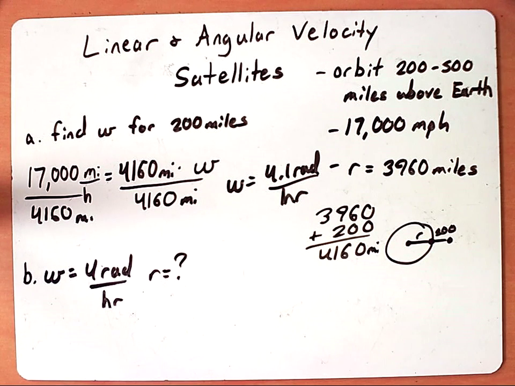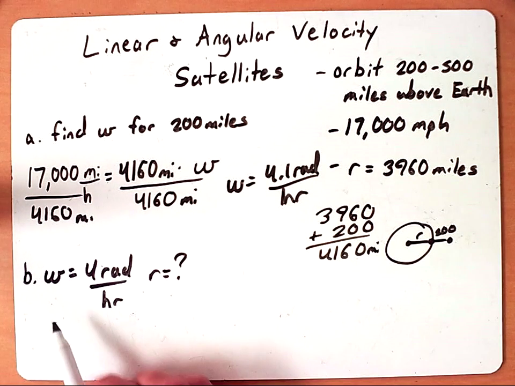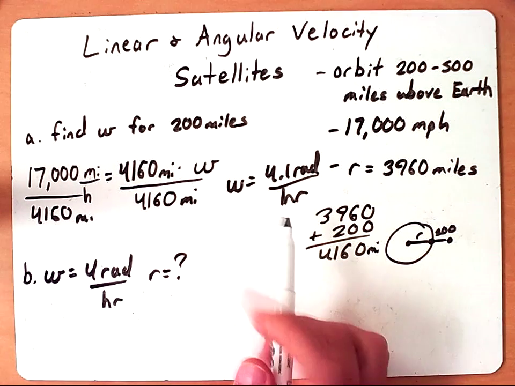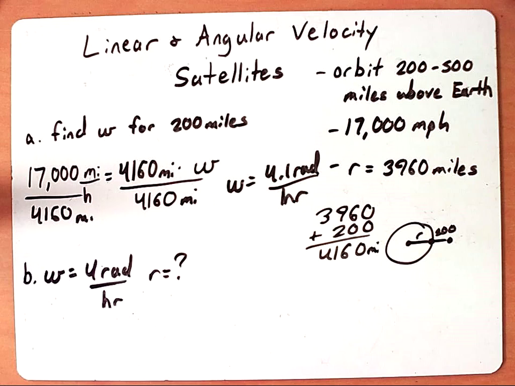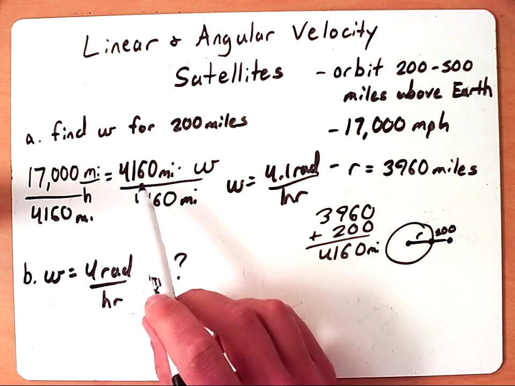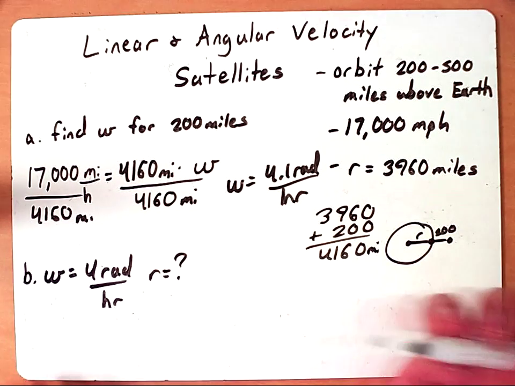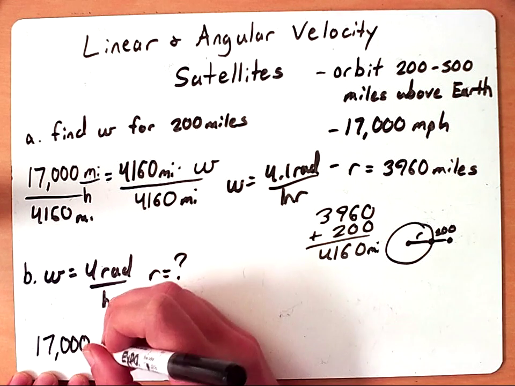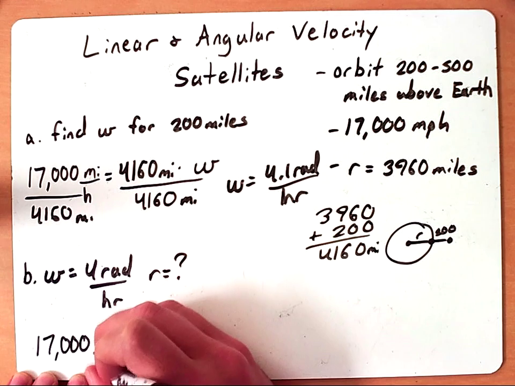Now, part B says we have a satellite whose angular velocity is 4 radians per hour, so slightly less than the angular velocity of our satellite here. They want to know what is the radius of this satellite. So, similar problem. This time instead of solving for W, we'll just be solving for R. So 17,000 miles per hour stays the same.